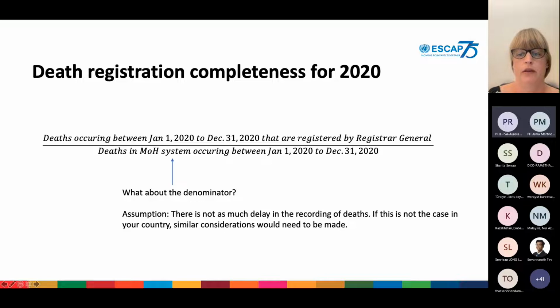If it has administrative purposes, then we're making the assumption that delay isn't really something we need to consider. If you know that for some reason it is in your country, then that might change things and you might have to think similarly as you did with the numerator. But for the purposes of this workshop, we're just going to focus on the delay in the numerator.